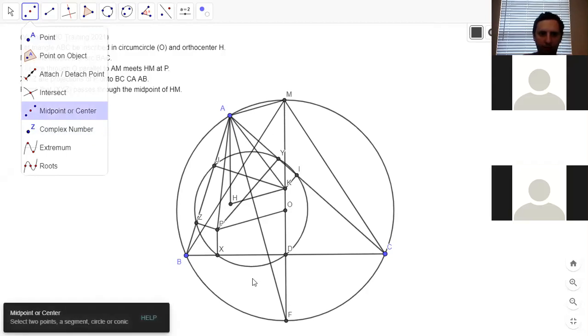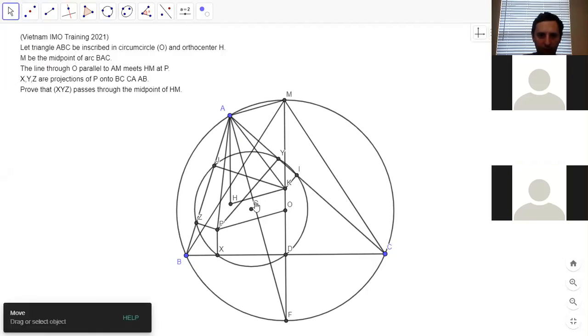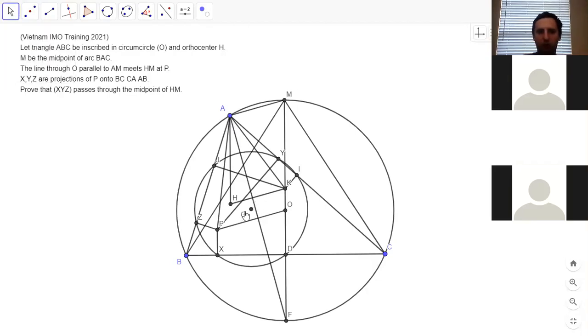So the center of the circle is going to be the midpoint of P prime K. So P, H, and M are collinear.